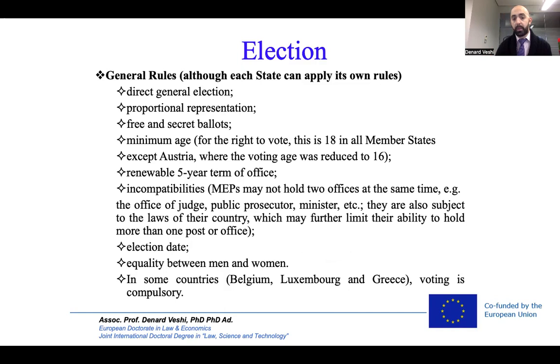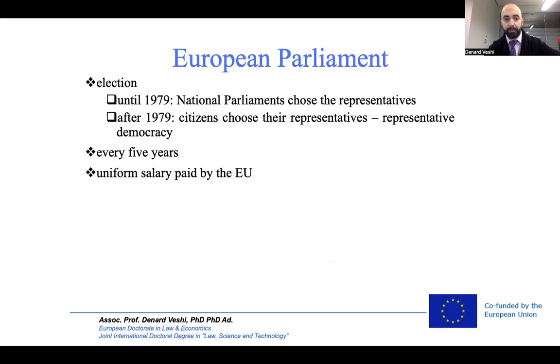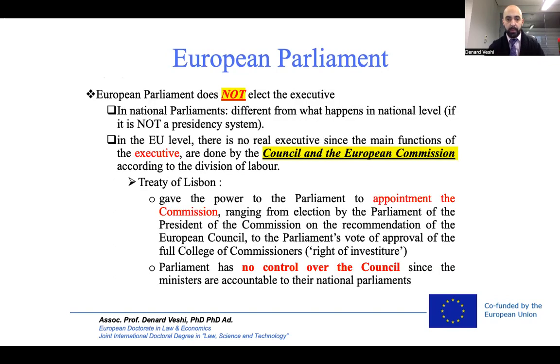And there is a minimum age, which is the same as in the national parliament, which is generally 18, but sometimes can be 16, for example, in Austria. The salaries are the same, which means it does not depend on which country you come from, but you are going to have the same salary as the other colleagues.